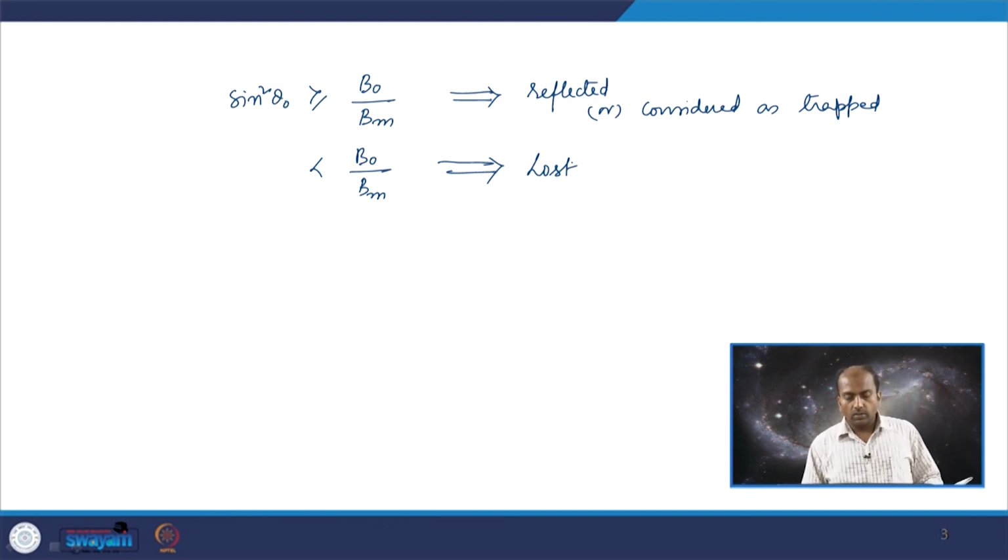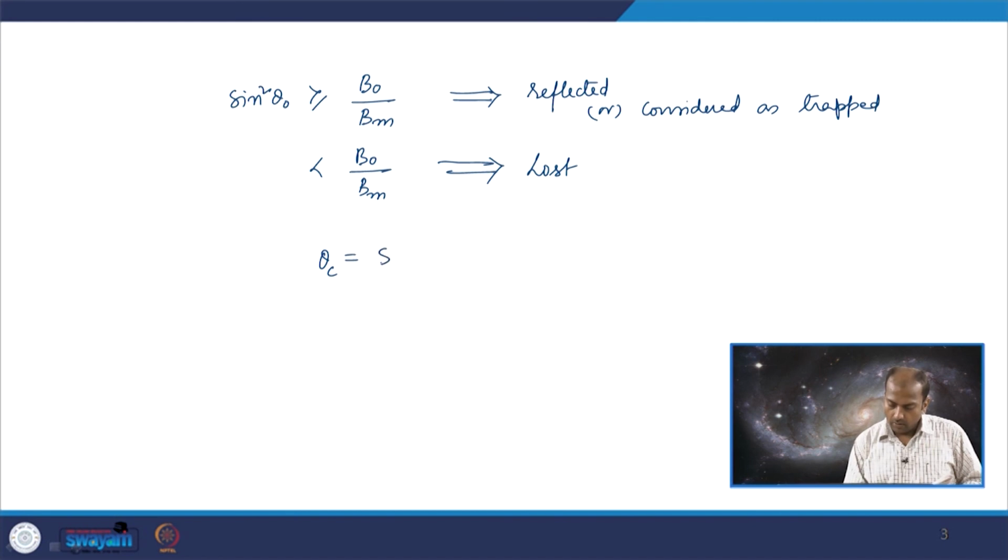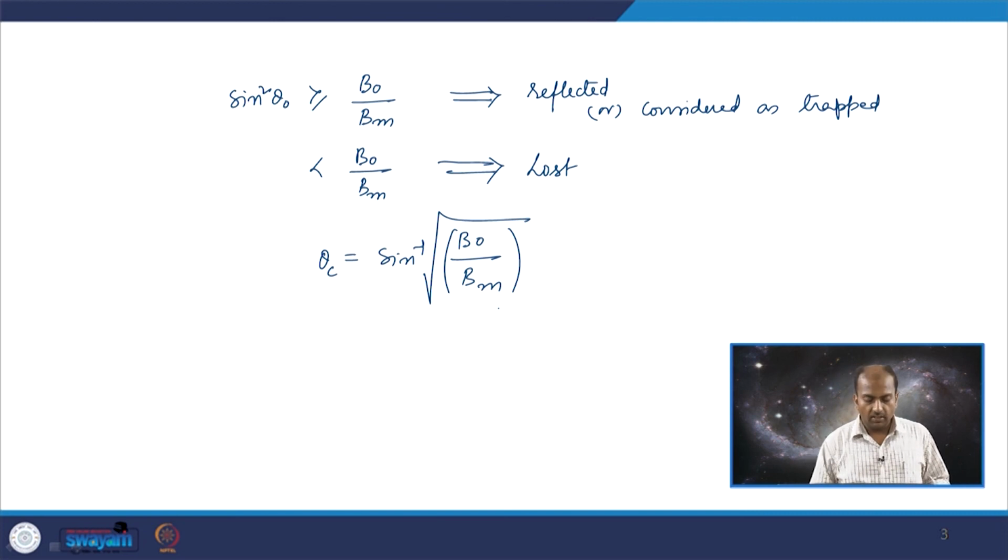So, this theta naught is the minimum angle. Or we can define a critical angle above which the reflection can happen. So, theta c is equal to sin inverse square root of B0 by Bm, right. Theta c is the critical angle above which reflection will happen.